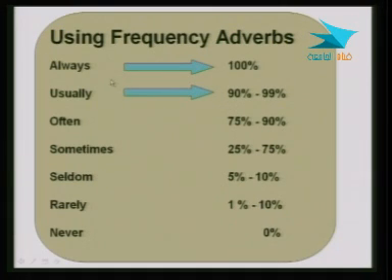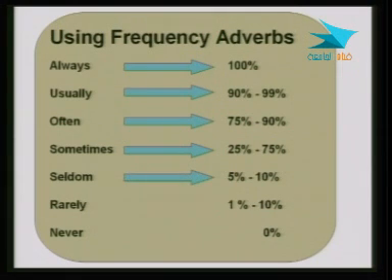We're talking about the percentage of the occurrence of something. And often, from 75 to 90%, sometimes, 25 to 75%, seldom 5 to 10%, rarely 1 to 10%, and finally never.